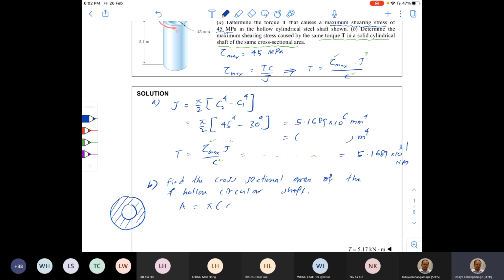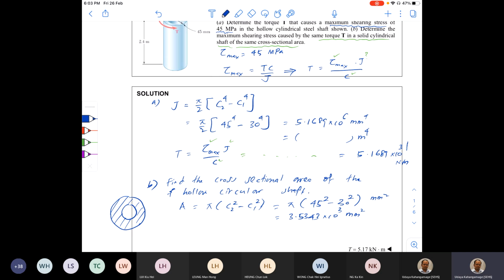Pi r squared, that is pi into C2 squared minus C1 squared, correct? So pi into 45 squared minus 30 squared. I get the answer in millimeters squared. I did the calculation and I got 3.5343 into 10 to the power 3 millimeter squared.